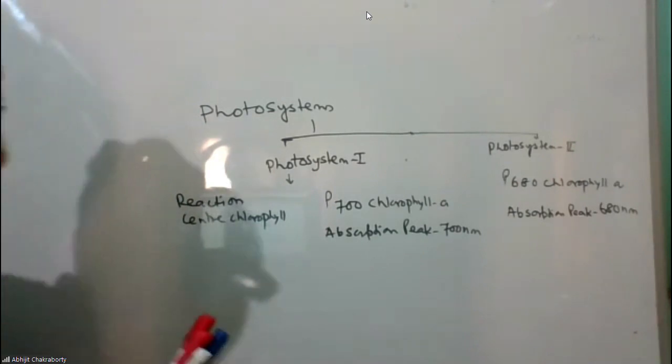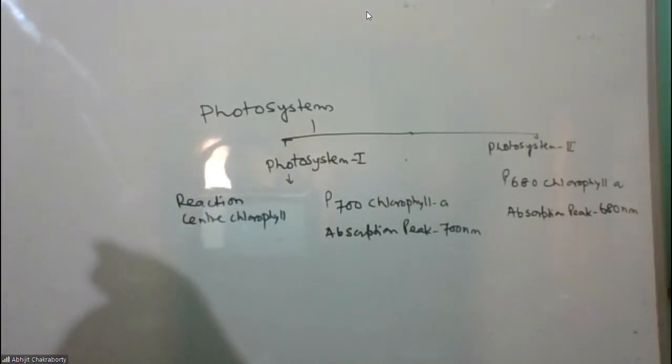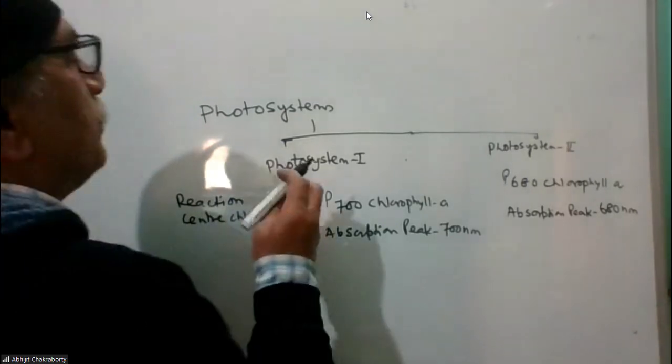Basically, in each photosystem, a number of photosynthetic molecules are found. Suppose a photosystem appears like this.